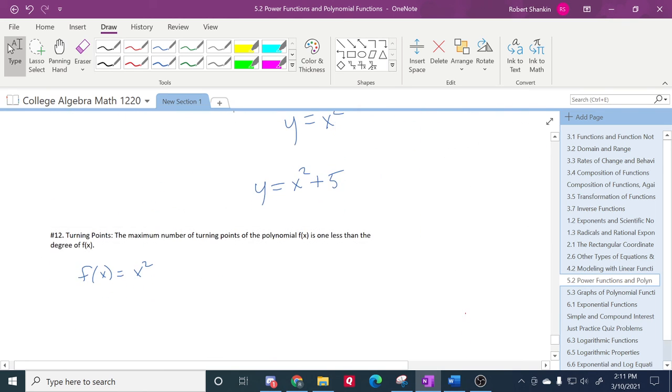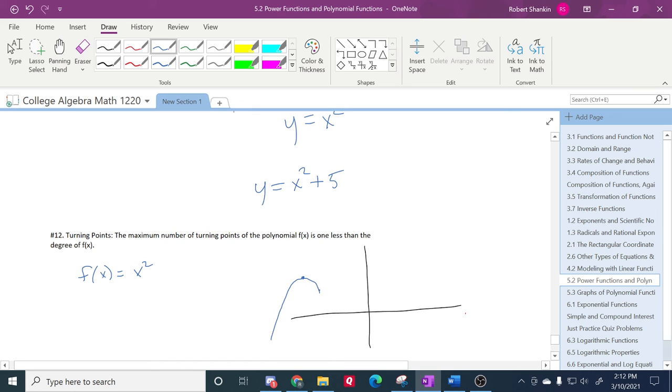The maximum number of turning points of a polynomial is one less than the degree of the polynomial. Let's talk about this. The turning points: if your function is going uphill and then turns and goes downhill, that's a turning point.